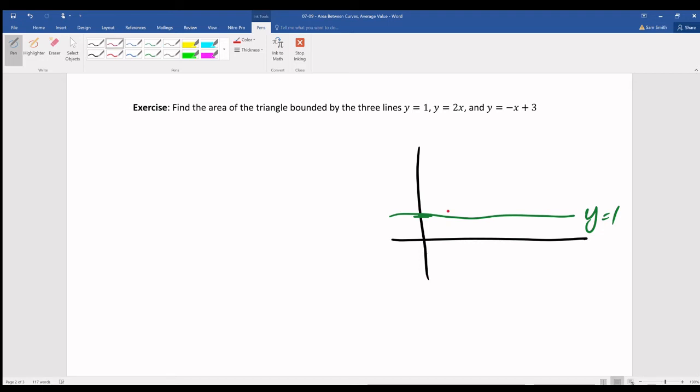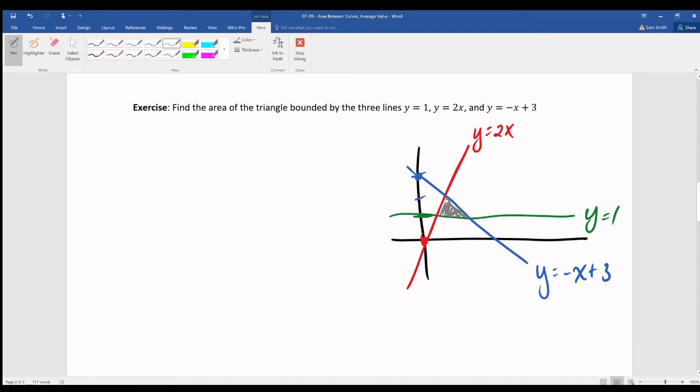And here, coming in with slope 2, a line through the origin, y equals 2x. And then, coming in with negative slope 1, starting out at y equals 3, we have y equals negative x plus 3. And the triangular region bounded by these three functions is given here in gray.